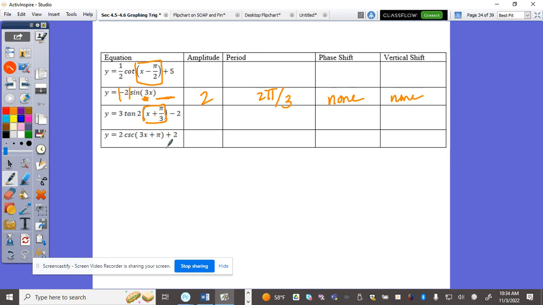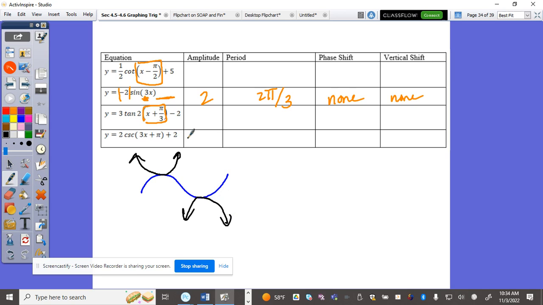For y equals 2 cosecant of 3x plus pi, plus 2. Again, the graph of this one is not really the sine curve. This is the reciprocal of the sine and the cosine.